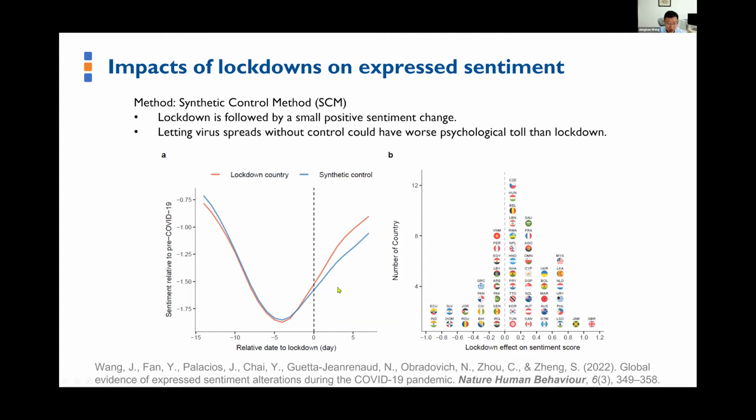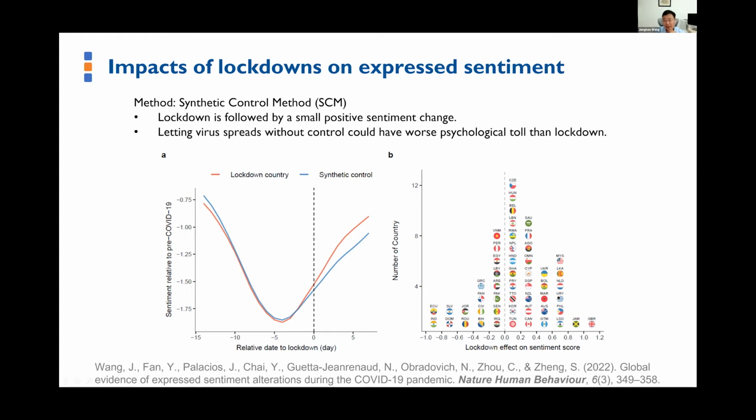Results show that lockdown is followed by a small positive sentiment change, particularly for developed countries, for example the United Kingdom, but has some negative effect for developing countries, for example India, because people may be concerned about their income or daily life after lockdown.